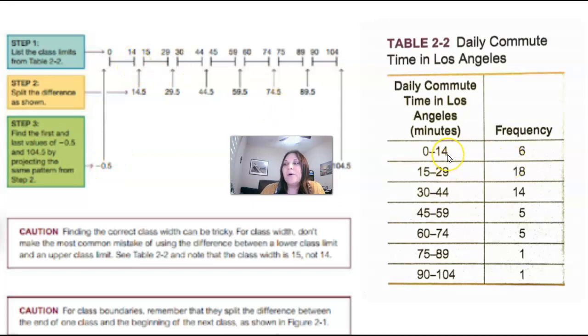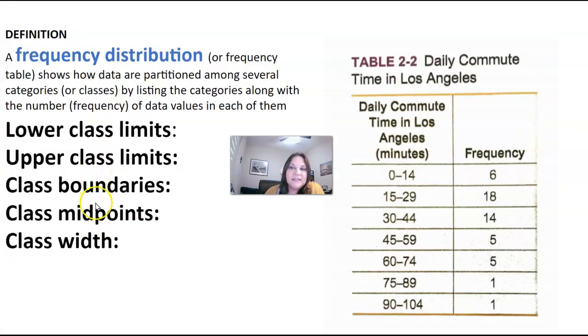In this example, the boundary between 14 and 15 would be 14.5, and then the next boundary would be 29.5, and then the next boundary would be 44.5. So that 0.5 is what you also use when you describe the very first boundary. Again, these are 5 things very specifically that they're going to ask you about a frequency table. And I'll go back and answer the boundaries and the midpoints by handwriting them in.